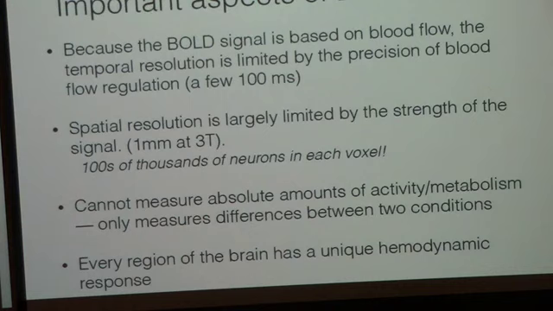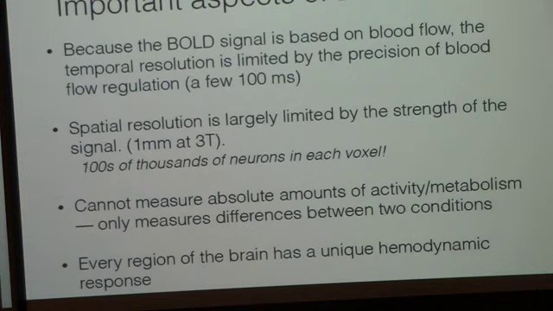So the important aspect of the BOLD signal is that it is based on the blood flow, so the temporal resolution is limited by the precision of the blood flow. And the spatial resolution of functional MRI is limited by the MRI scanner itself. For example, there is the strength of the magnetic field, and also all this hardware, like the gradient coil, which have limitations on the spatial resolution.